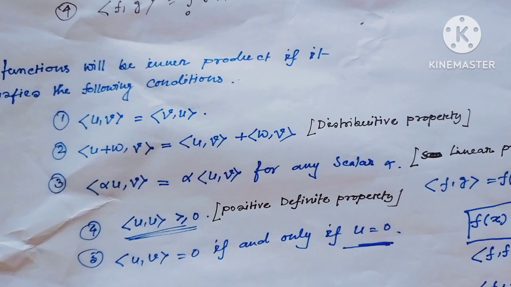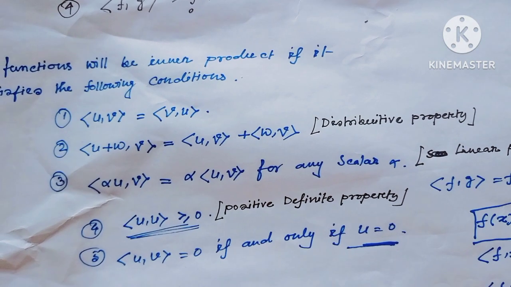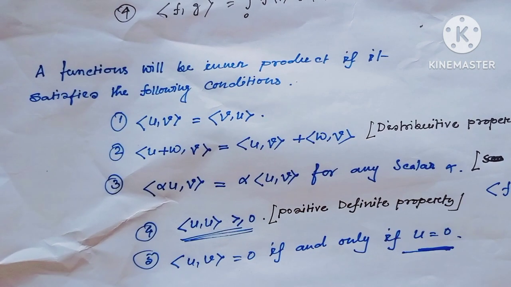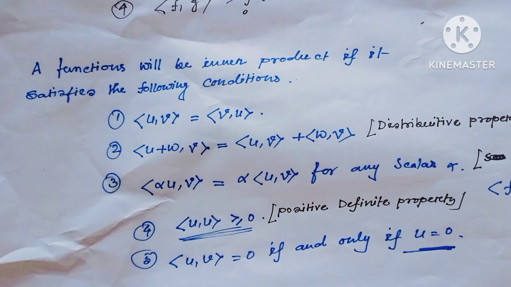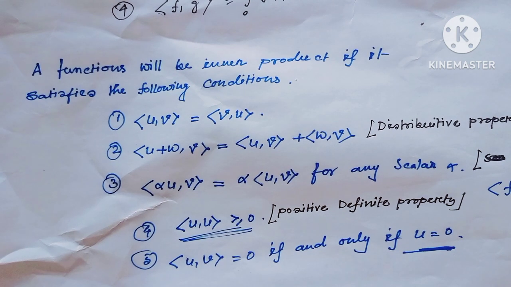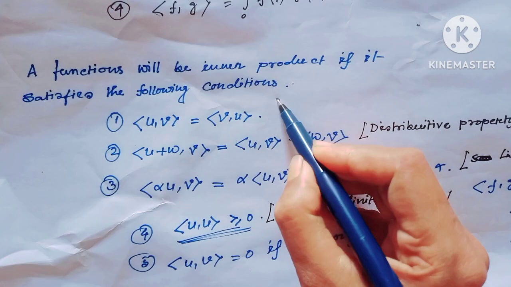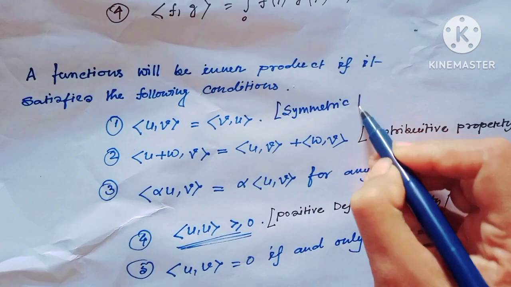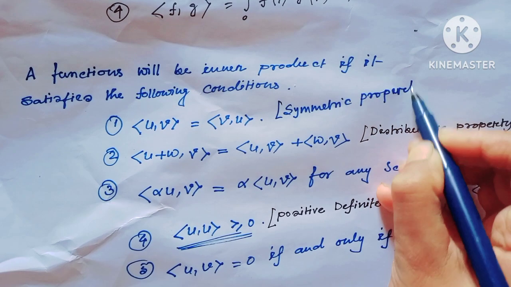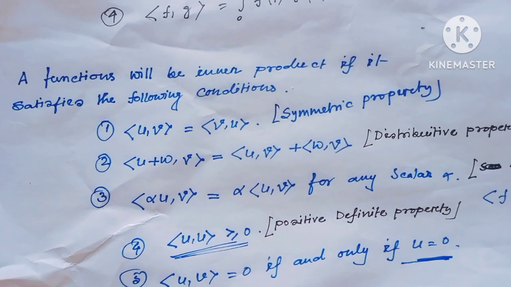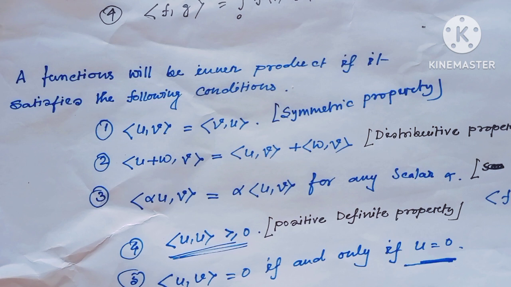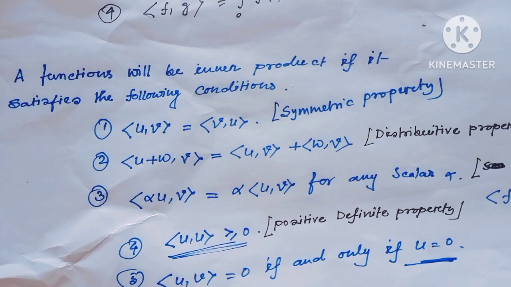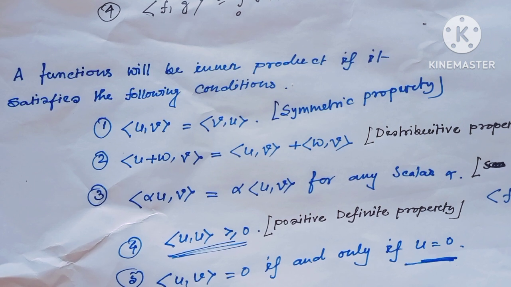At first recall the following properties. A function is an inner product when it satisfies the following properties: u with v equal to v with u, that means this is the symmetric property. It satisfies the distributive property: inner product u plus w comma v equal to inner product u v plus w v.